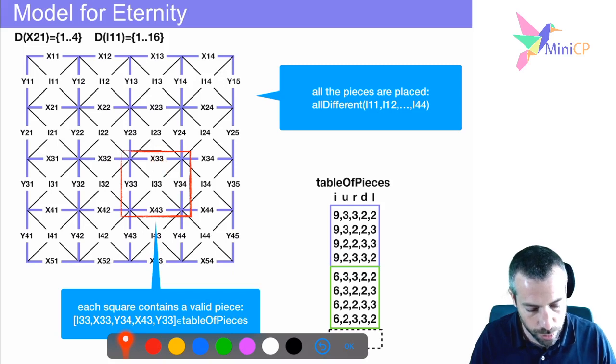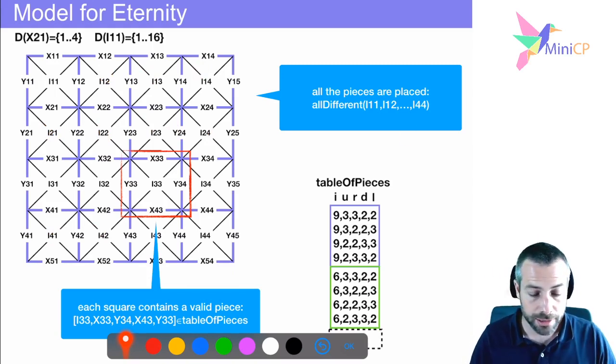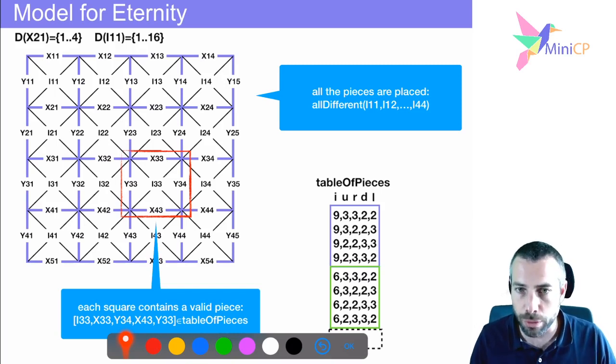So all these variables belong to a possible combination of the table of your game. And of course, you will do that for all the possible positions in your board. This will make sure, together with the all different constraints, that you will only place valid pieces of your puzzle, and all of them will be different.